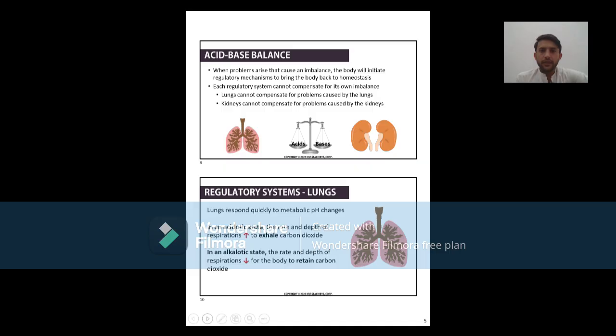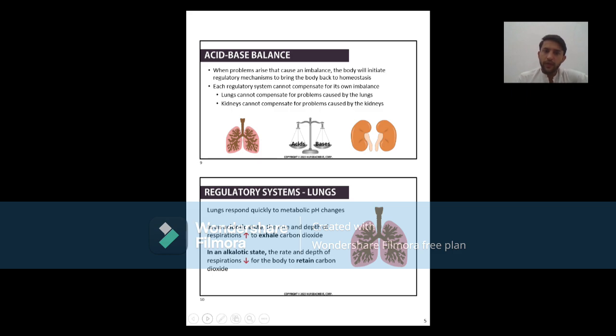Lungs cannot compensate for problems caused by the lungs because there is some underlying issue going on. It cannot compensate itself. The other organ, the kidney, will help to compensate for the lungs, and the kidney itself cannot compensate for its own problems.